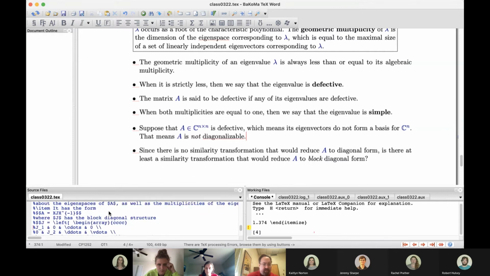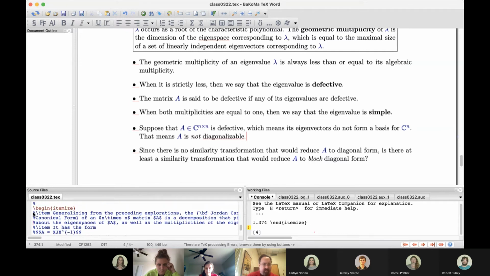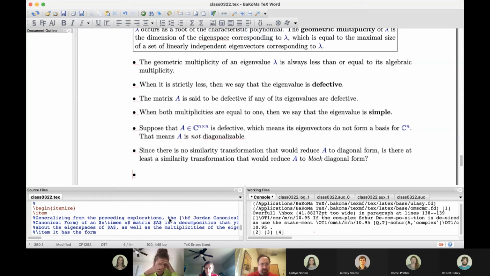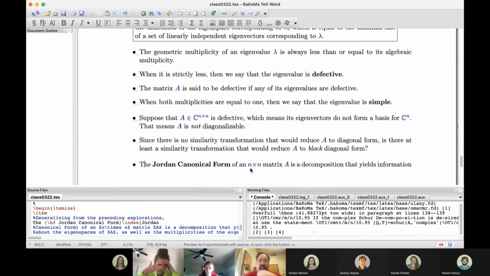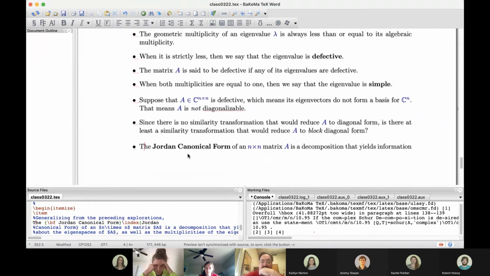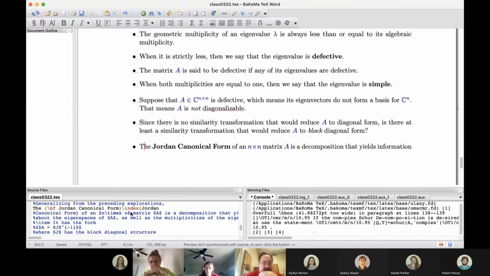So if we cannot diagonalize A, here's what we can do. We get what's called the Jordan canonical form. Any square matrix has a Jordan form.